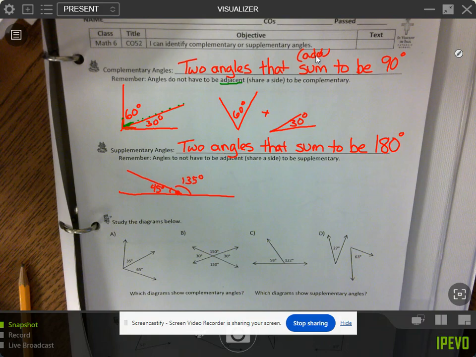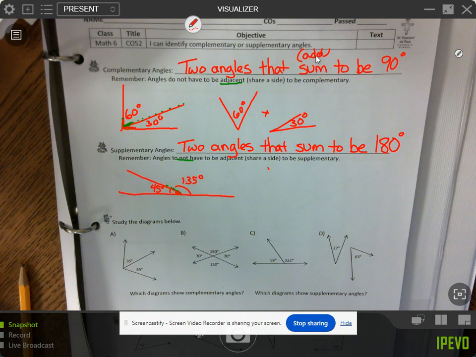Now, if we look at the example I drew, they share an angle side. They are adjacent. But just like with complementary, they do not have to be adjacent to be supplementary. So we could have them separated.